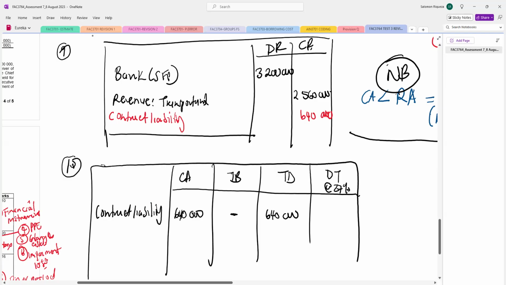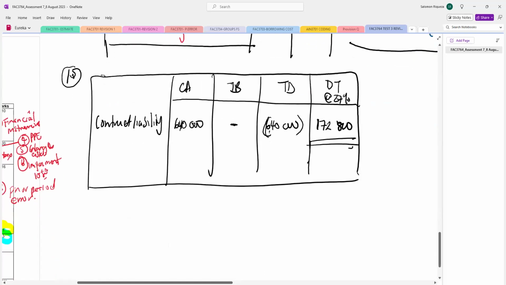So I'm going to calculate 27% of 640, and I'm going to get 172,800. Right, so this is a liability carrying amount being bigger than the tax base. It's a deferred tax asset. So that's my calculation. And then I can come to my notes.